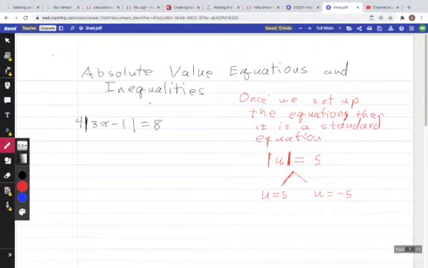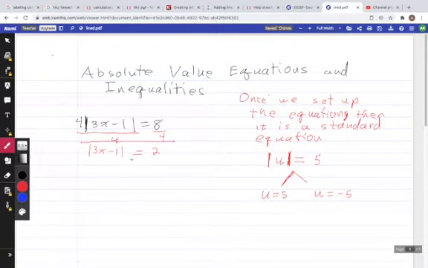So let's kind of look at this equation on the left. Here we have this 4 outside of my absolute value. So the first thing I need to do is divide both sides by 4. And if we divide both sides by 4, we end up with 3x minus 1 inside my absolute value is equal to 2.